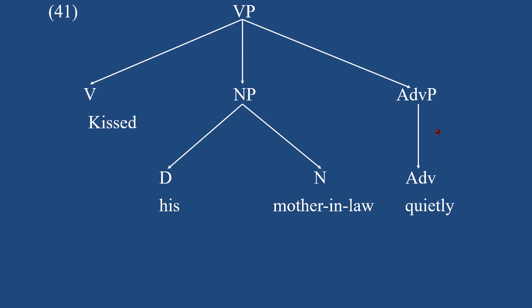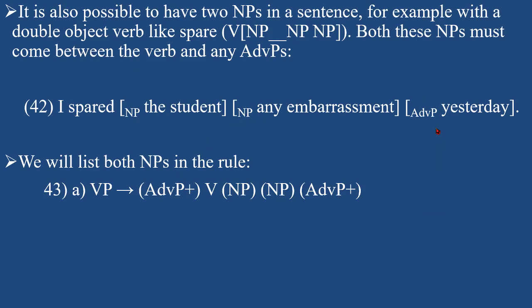So, kissed his mother-in-law quietly. His mother-in-law is one constituent, an NP, and it modifies kissed, the verb, and quietly also modifies the verb.